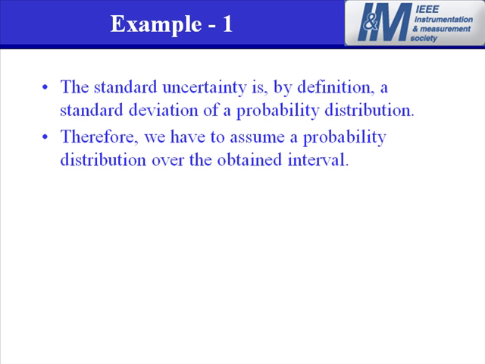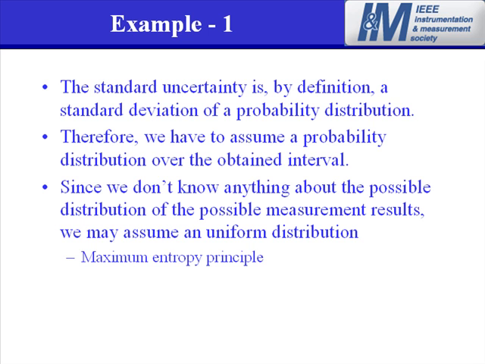Therefore, we need the distribution of the interval we have obtained in the previous slide. And our problem is that we don't know anything about possible distribution of the possible measurement results. Remember that these are our starting assumptions. We have only the manufacturer's specifications and nothing else.